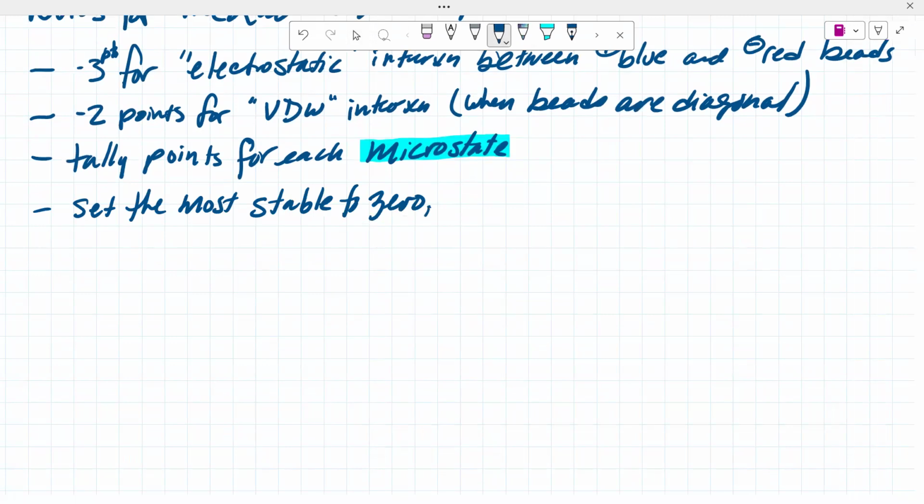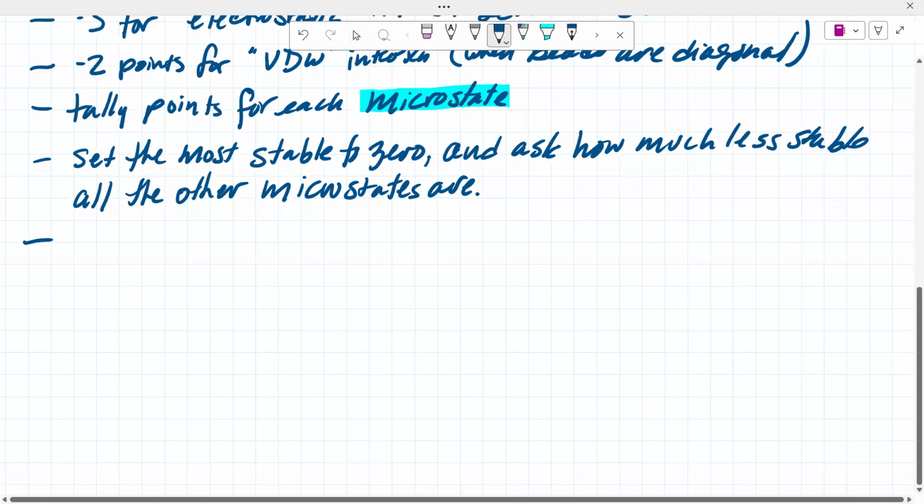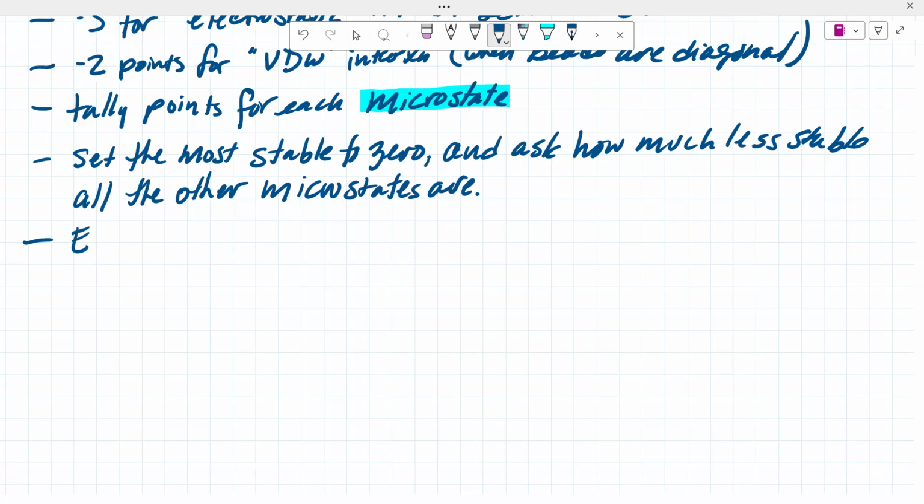Set the 0 and ask how much less stable all the other states are. Microstates. The energy states are discrete because of the scoring system we made up, which is definitely not the case in real proteins.